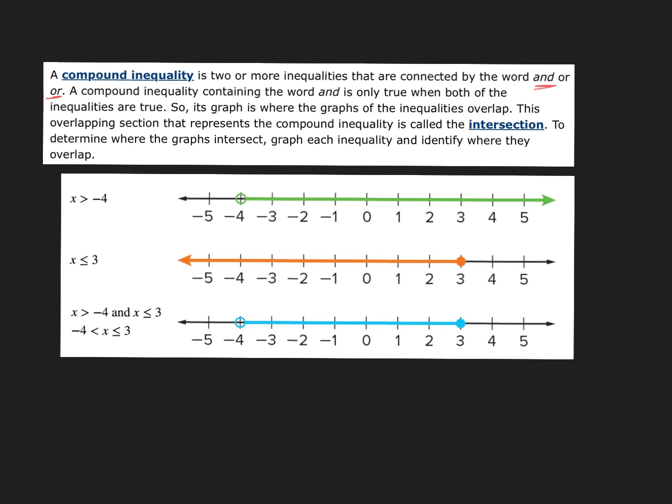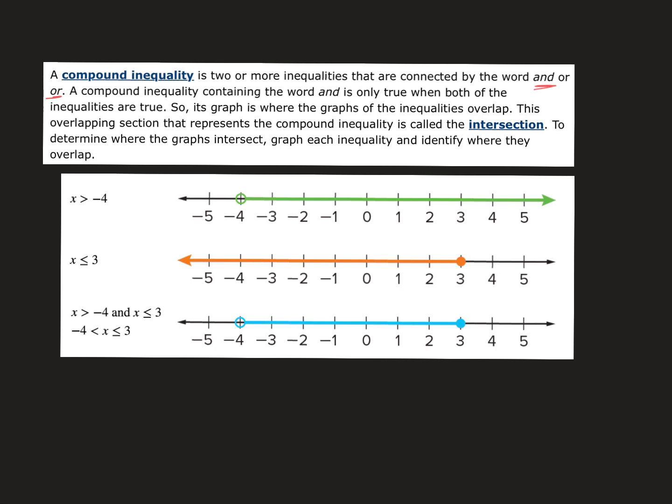And another compound sentence, I can either go to the store or I can go home. Two complete sentences connected by a conjunction. And when you look at these, the and graphs and the or graphs are different. So please make sure to pause this and write down everything that I have here for compound inequalities.